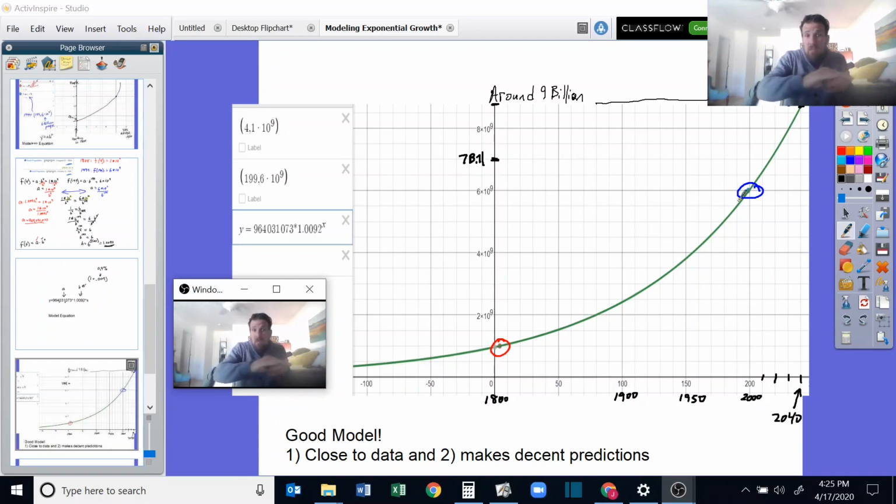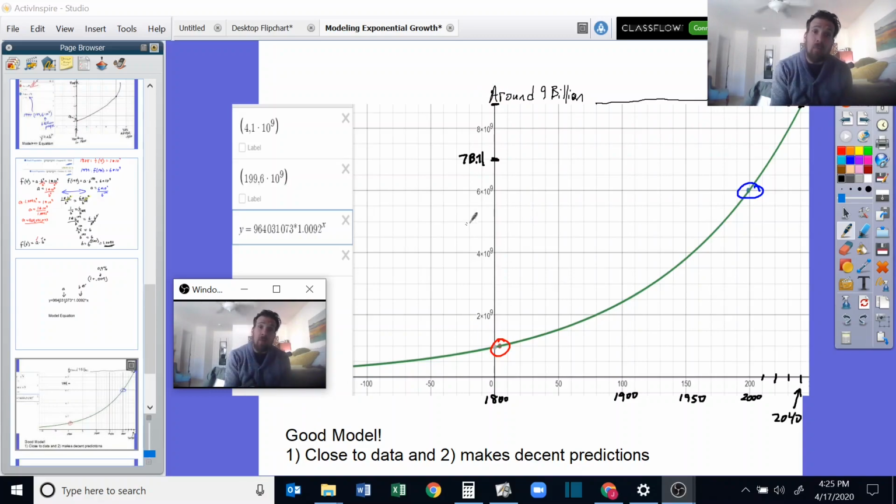It certainly seems to show that exponential growth trend. And what I noticed is that it makes pretty good predictions. When I just read the year 2040 on the graph, of course, I don't know what the population is going to be, we haven't gotten to the year 2040. But my model seems to tell me that it's going to probably be around 9 billion.